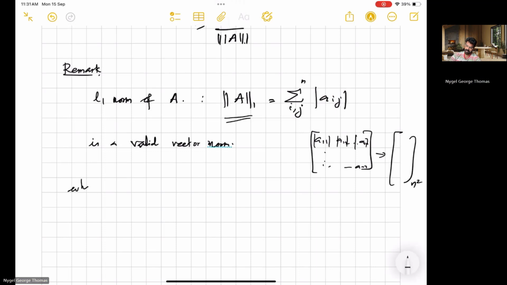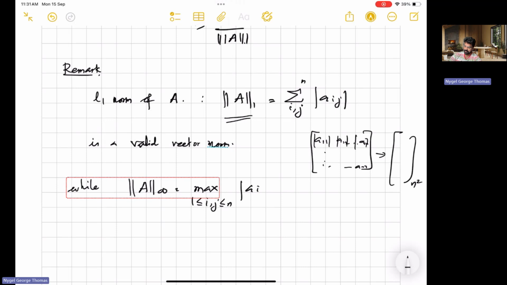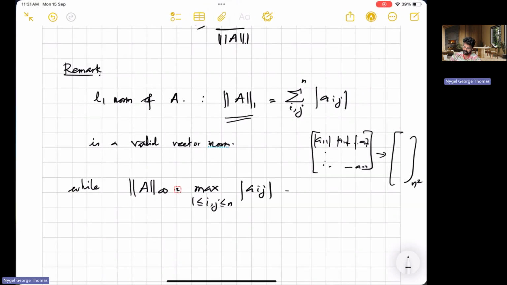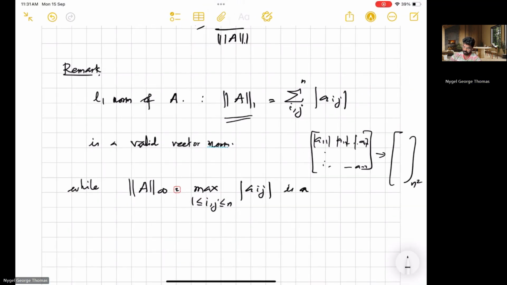While the L infinity norm on matrices, which is basically the max of these terms, is not a matrix norm.